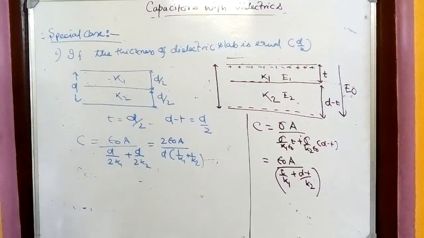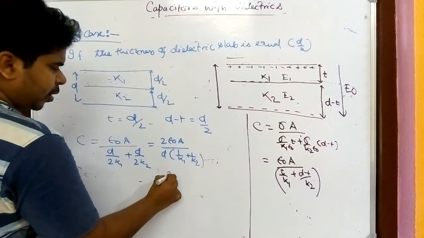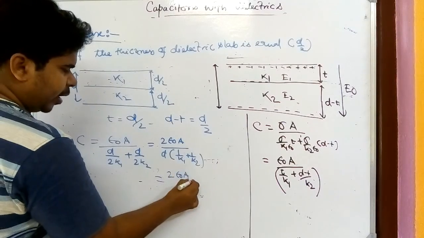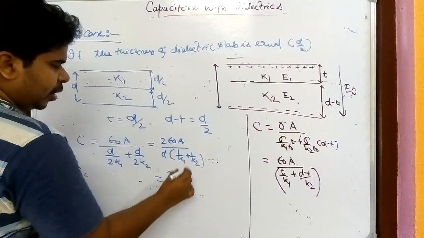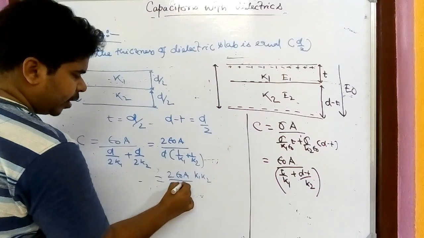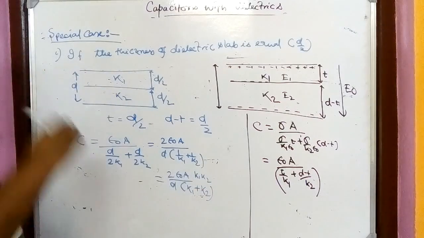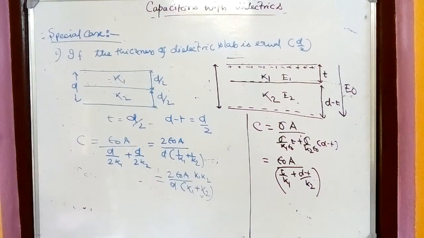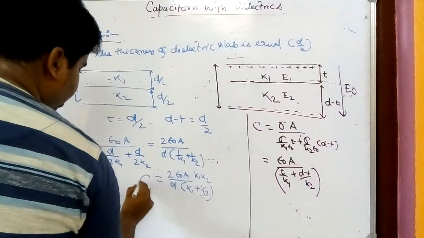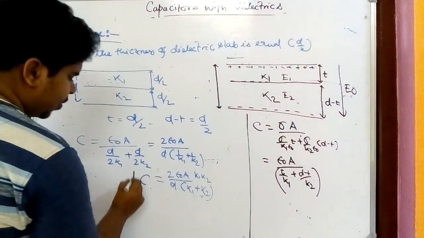Okay, you see, parallel. Let's do it. So if you do it, 2 epsilon naught A into d, so k1 into k2 will come up, and here at the bottom k1 plus k2. Okay, so this is the capacitance if you take two equal thickness of slab.